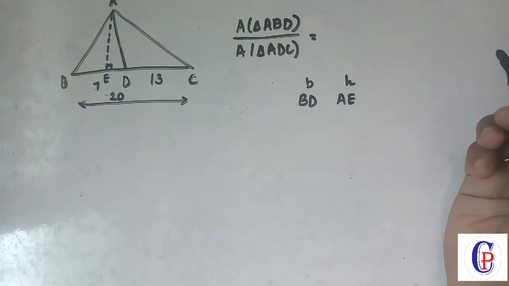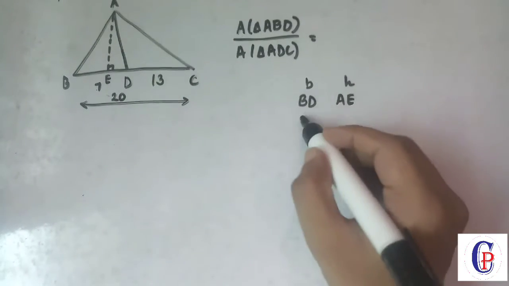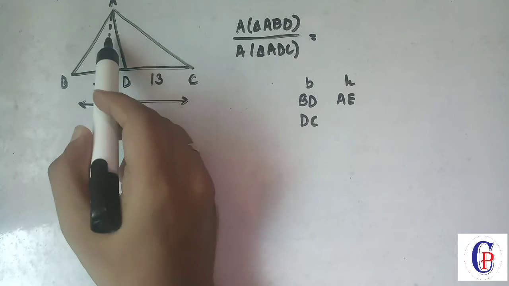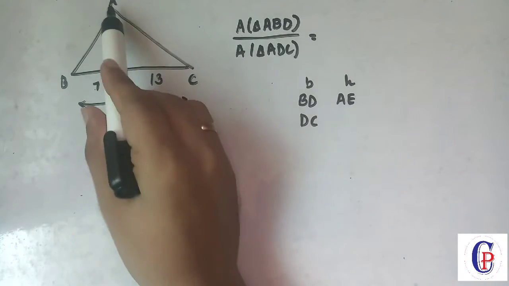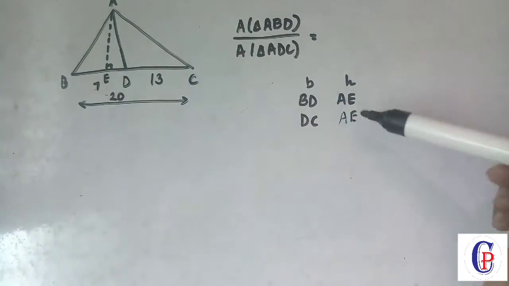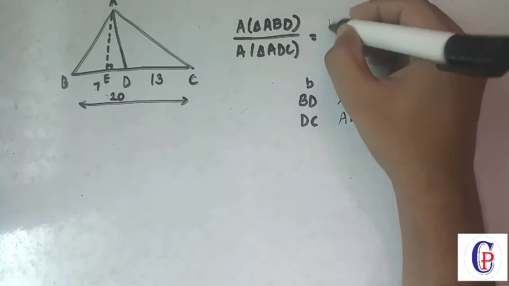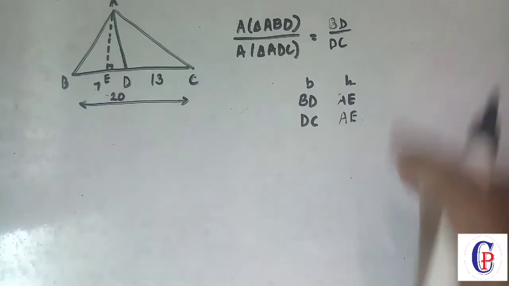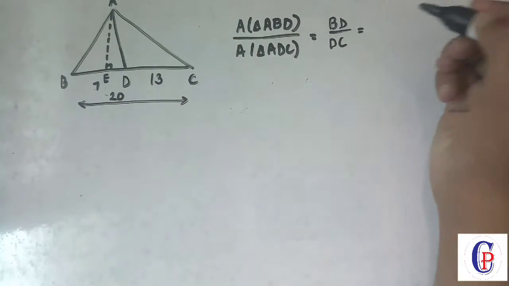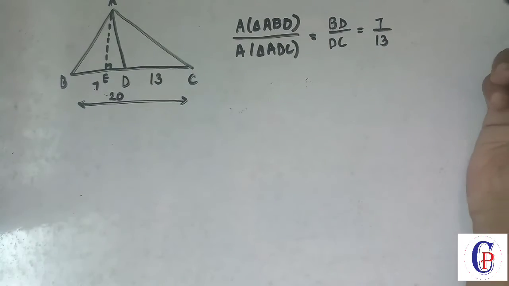For triangle ADC, DC is the base, and from the opposite vertex a perpendicular is drawn, so A is the height. We can observe that these two triangles have a common height, so the answer will be the ratio of their bases. BD is 7 and DC is 13, so the answer is 7 upon 13.